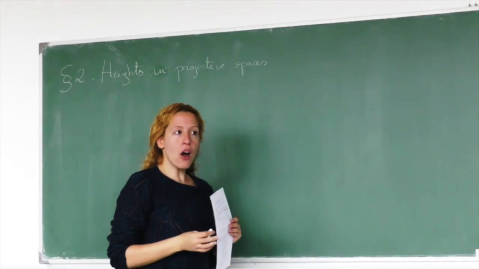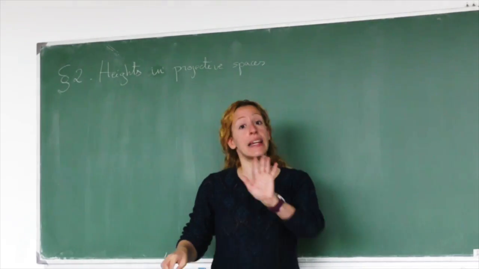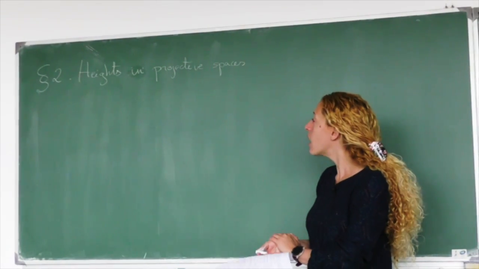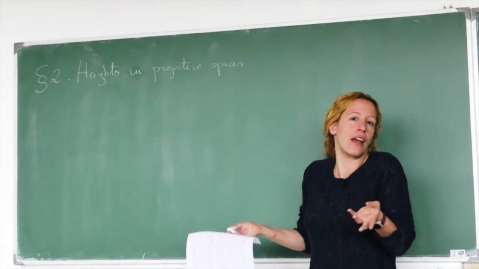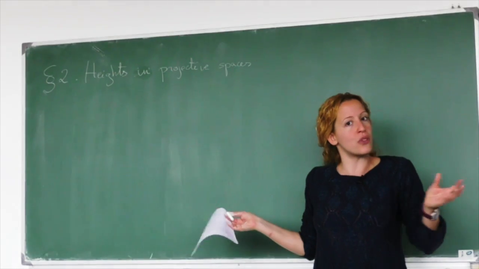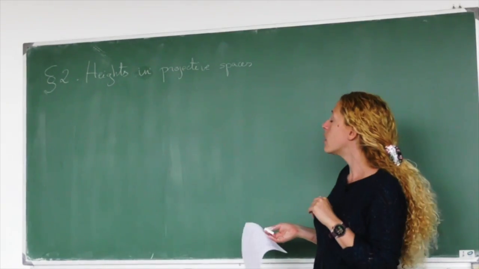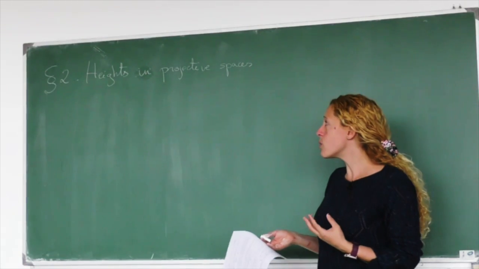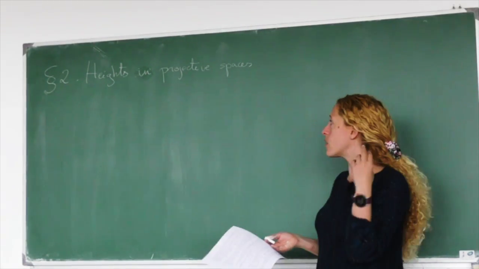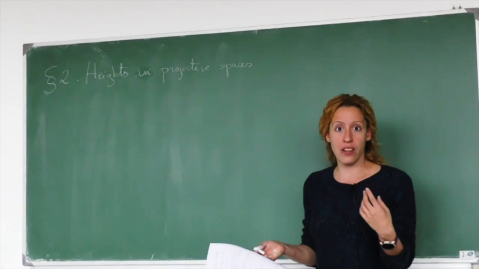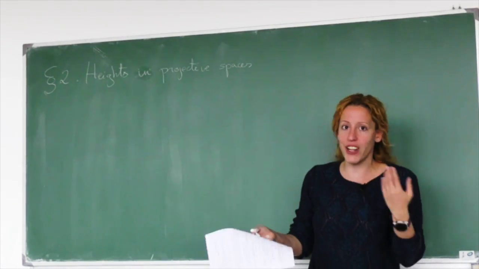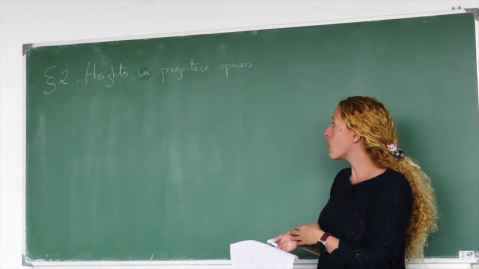So, I hope you know what a projective space is. Anyway, I'm giving the definition, don't worry, just in case you are not familiar with it. I'm going to assume that you already know this concept, so I'm just going to recall the definition. For the next lecture, I'm going to give a recall about projective spaces and abelian varieties, as a particular case in projective spaces.